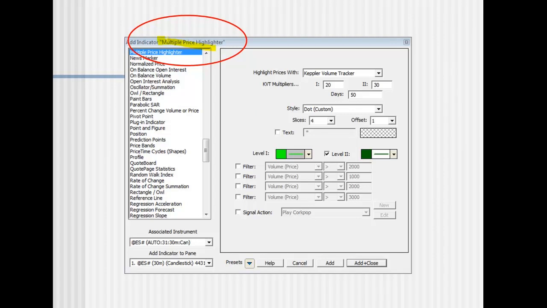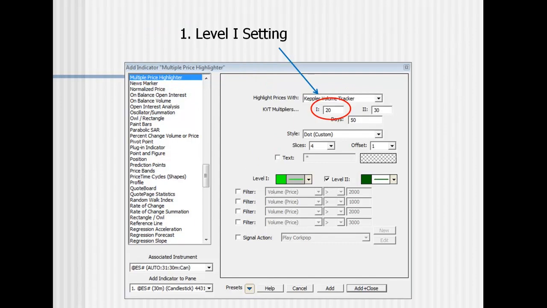So once you choose the multiple price highlighter, you want to select the Kepler Volume Tracker out of the different options that you are going to highlight here. And once you've selected that, now you need to put in the settings. These settings will vary from one instrument to the other, and typically it'll either be 10, 20, 30, 40, or 50.